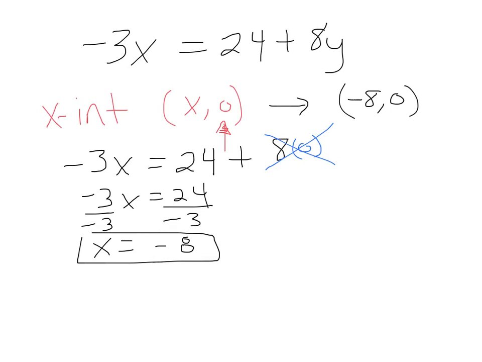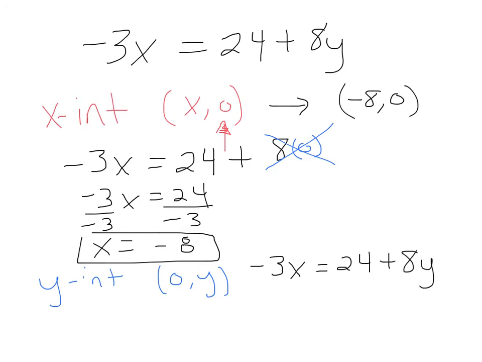What about your y-intercept? All y-intercepts are of the form (0, y), because they lie on the y-axis. Let's take a look at the original equation. Be careful here. Instead of the x, you know that x is worth 0. So coming back over here, you plug in a 0, and this is worth 0. So you have the statement 0 equals 24 plus 8y.